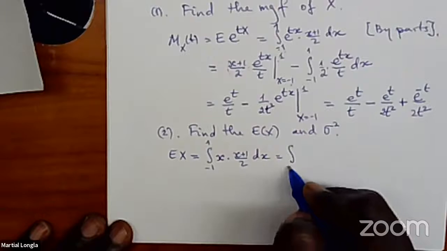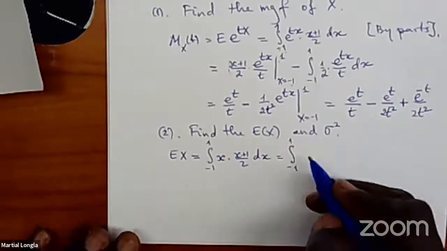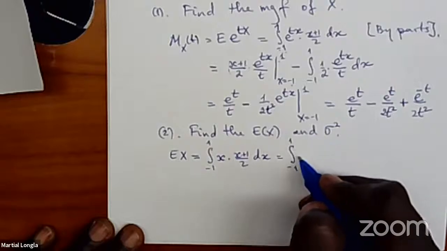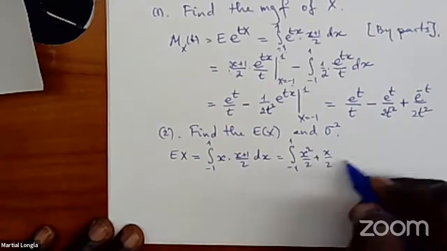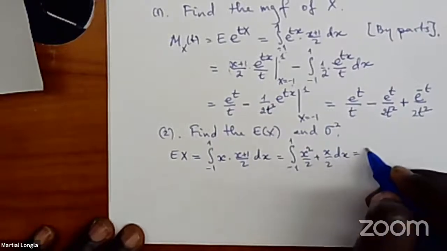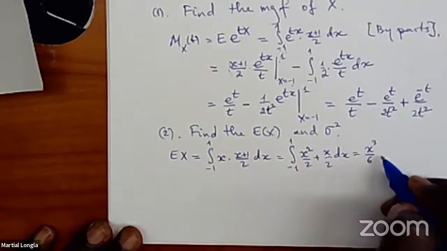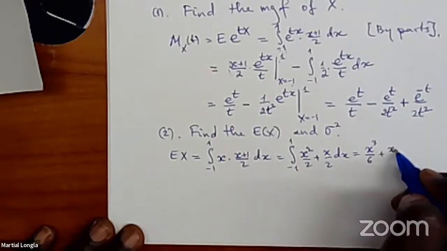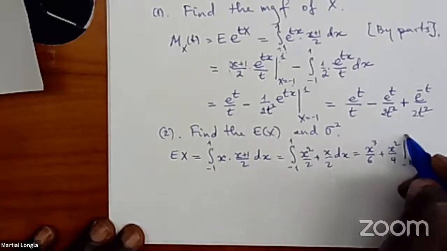So that's integral from minus 1 to 1 of x squared over 2 plus x over 2 dx. So that's x cubed over 6 plus x squared over 4. Plug in minus 1, then 1.